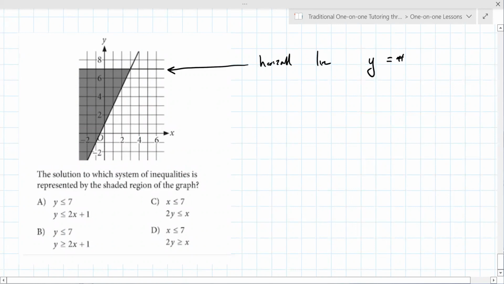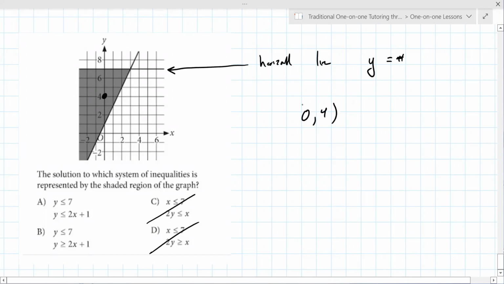And so that gets rid of C and D. It's y equals 7 in that case. But that doesn't give you a ton of hope because you're still guessing unless you know exactly how to shade. So you can use the approach that we just took, which is to take a point.